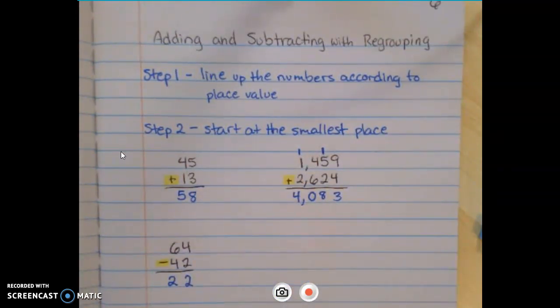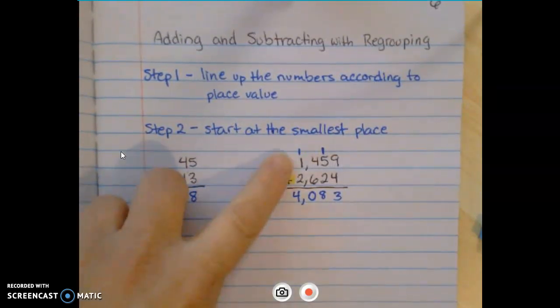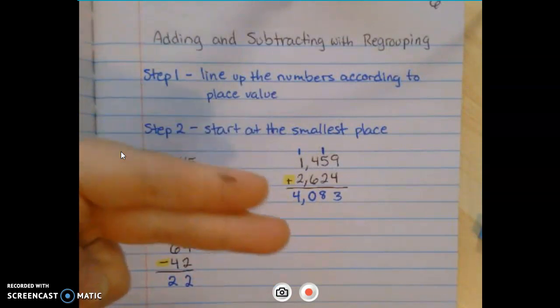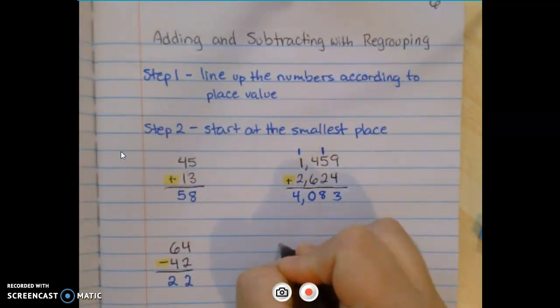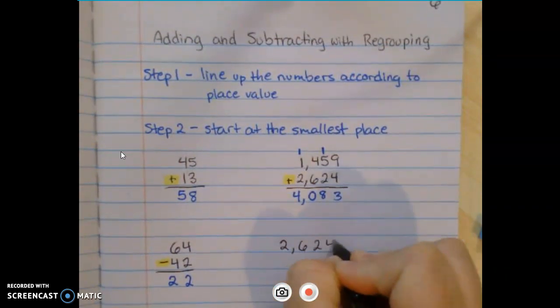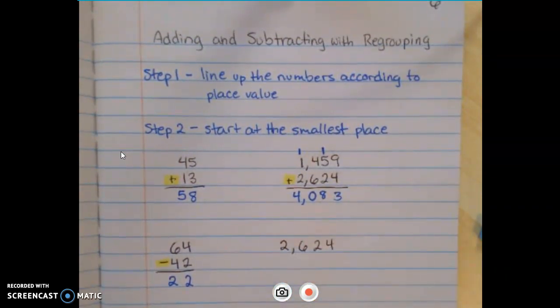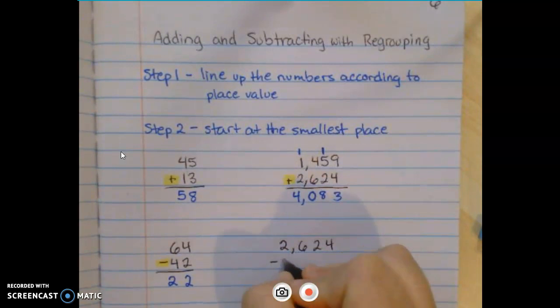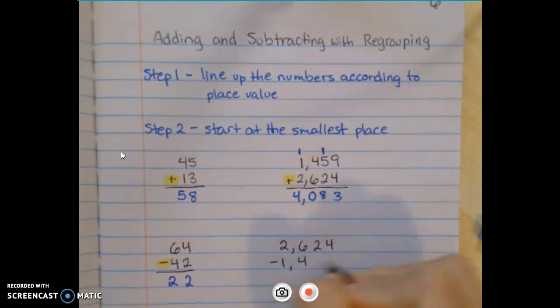Let's try with a larger number this time. I'm actually going to take these numbers and flop them. So here I have 2,624. I want to subtract 1,459.